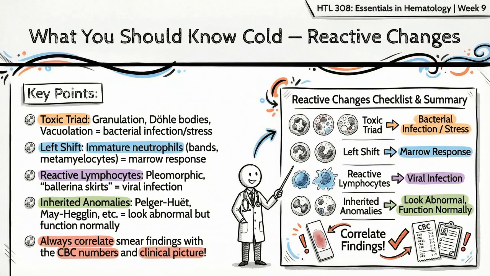Remember the classic patterns: bacterial means neutrophilia, left shift, and toxic changes. Viral means lymphocytosis and reactive lymphocytes. And watch out for the mimics, Pelger-Huët, Alder-Reilly, and May-Hegglin. Knowing these will save you from misinterpreting a benign anomaly as something serious.